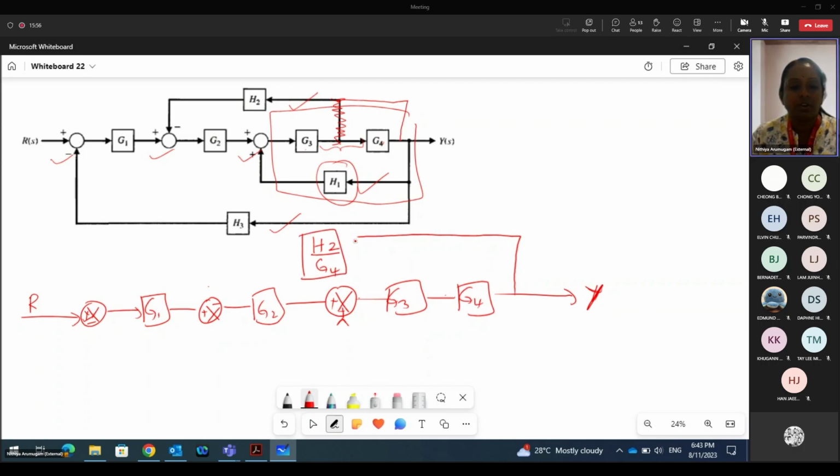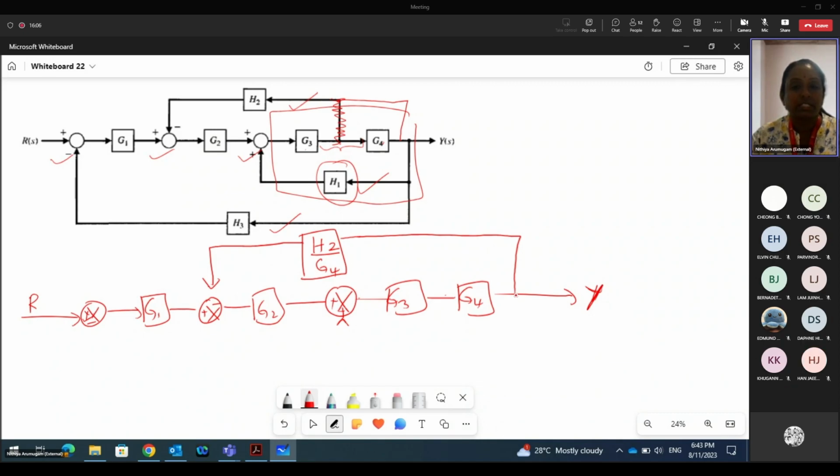So this is the rule of thumb. Everything else is drawn as similar to the previous one, including the feedback loop block H1 to here, and then the same H1 to H3 to the first summing point.